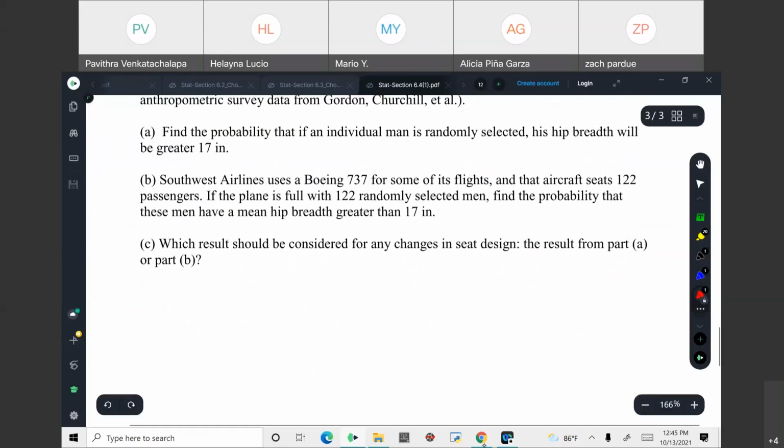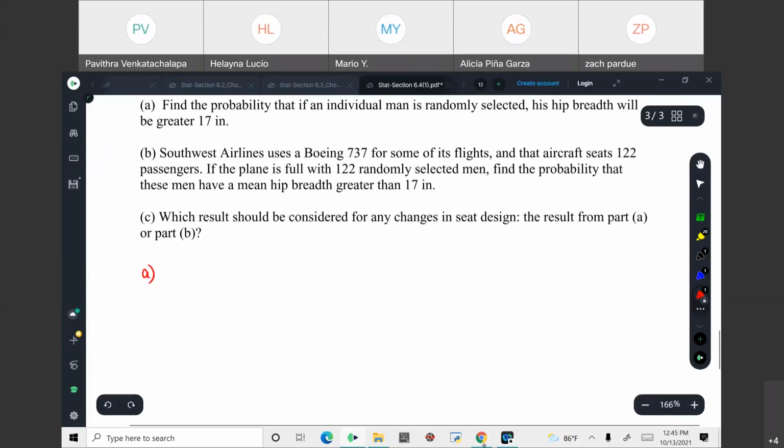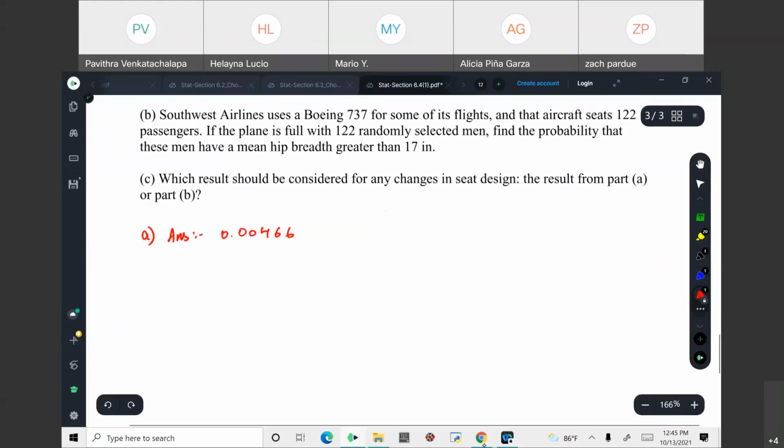Okay, so for A, the answer is 0.466, and for B, the answer will be 0.